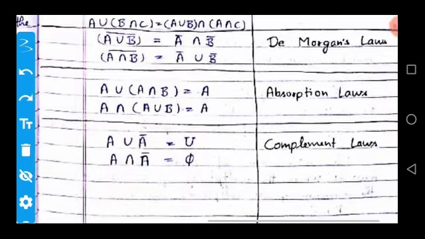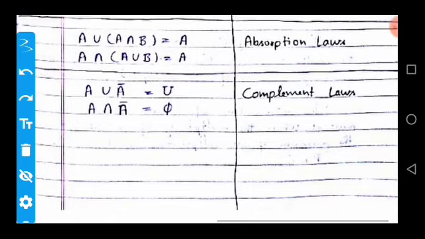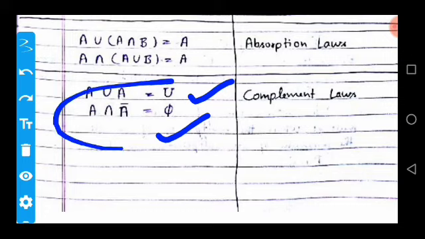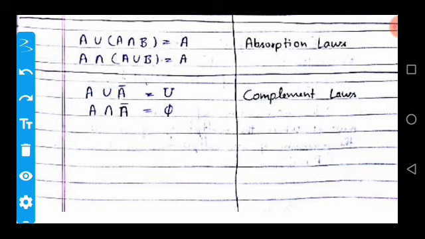Now the next law is your complement law. A union A complement represents your universal set, and when A intersects with A complement, it represents your phi set. This represents your complement law with union and intersection operations.